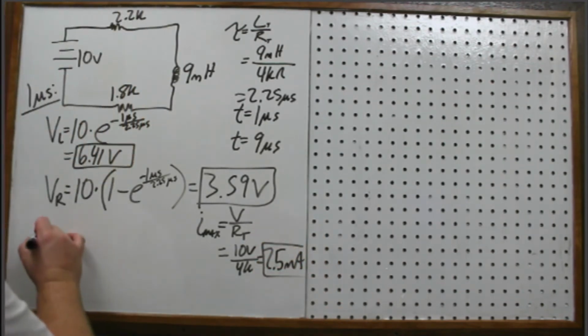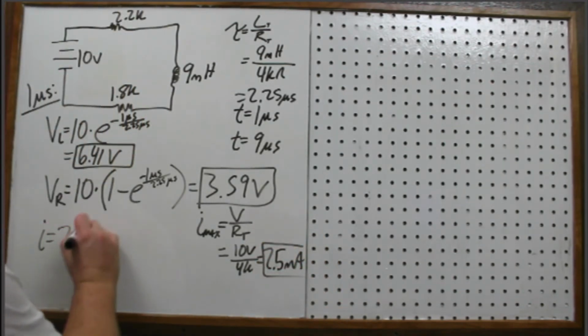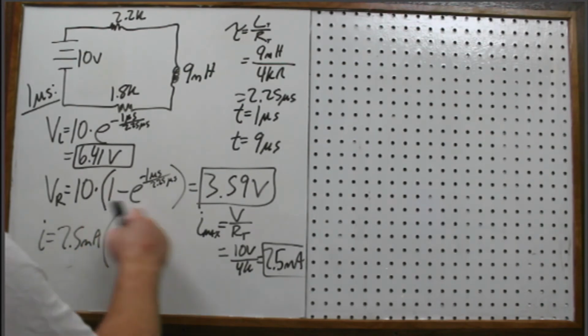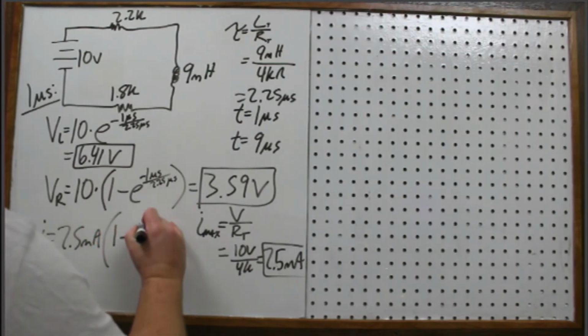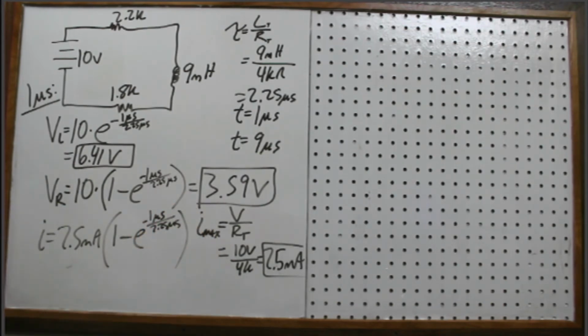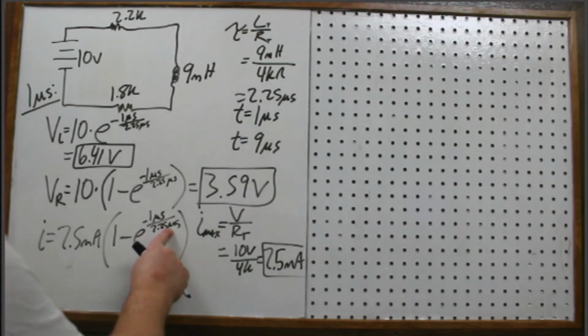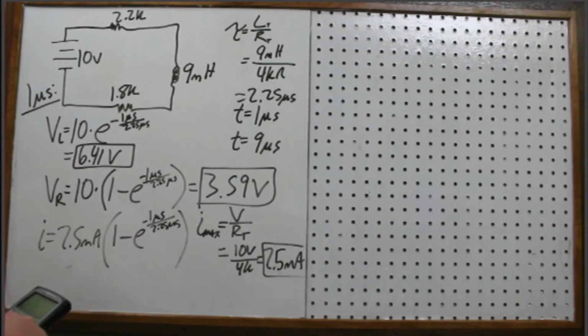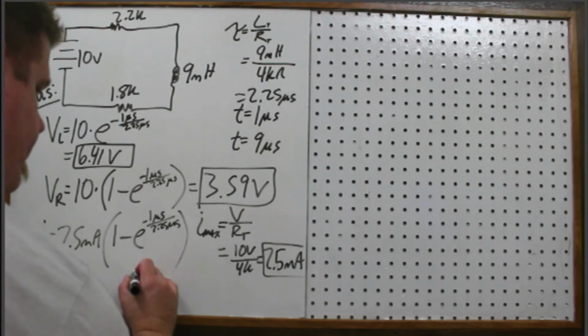So the I is going to be 2.5 milliamps times the growth, negative 1 microsecond over 2.25 microseconds. I just change out front: instead of 10, I have 2.5 milli. And I get 897 microamps.